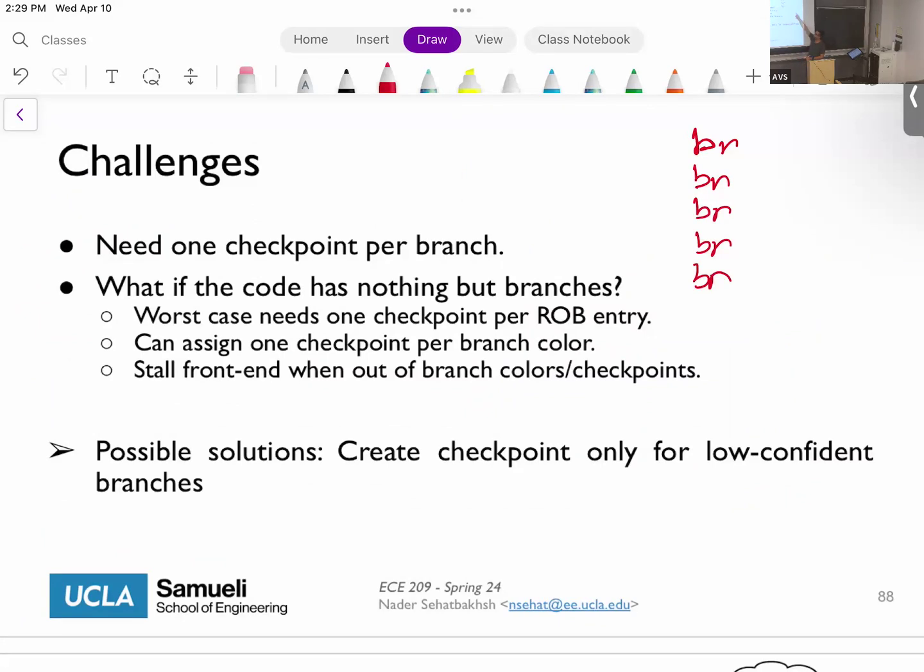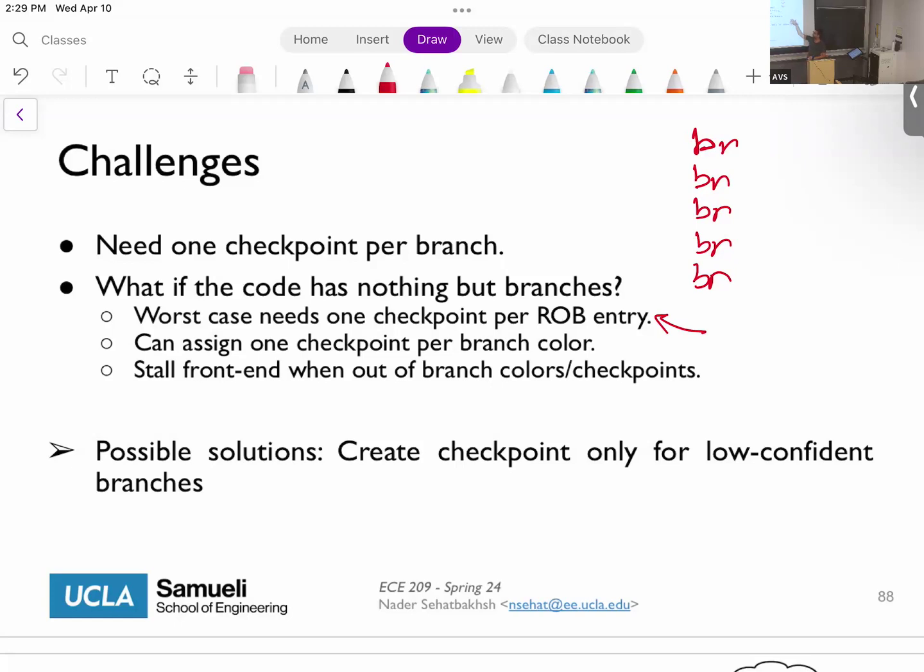Then you need this many checkpoints. In other words, I need one checkpoint per ROB entry, because the ROB is the number of instructions that I can hold, let's say 96 or 128 or whatever. I need the capability of having that many checkpoints in our systems.